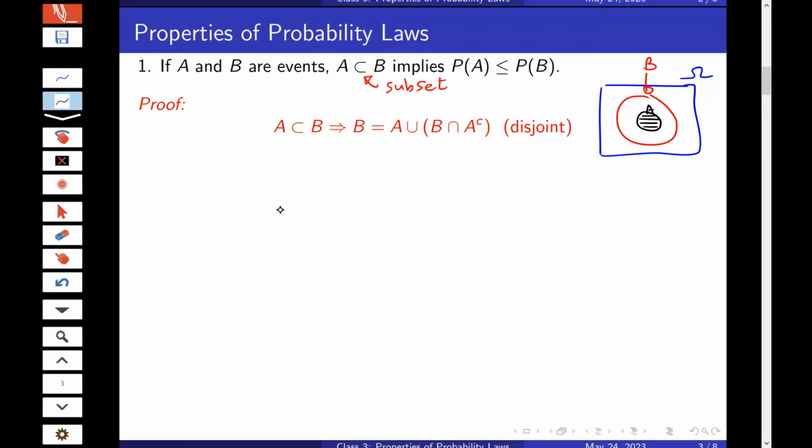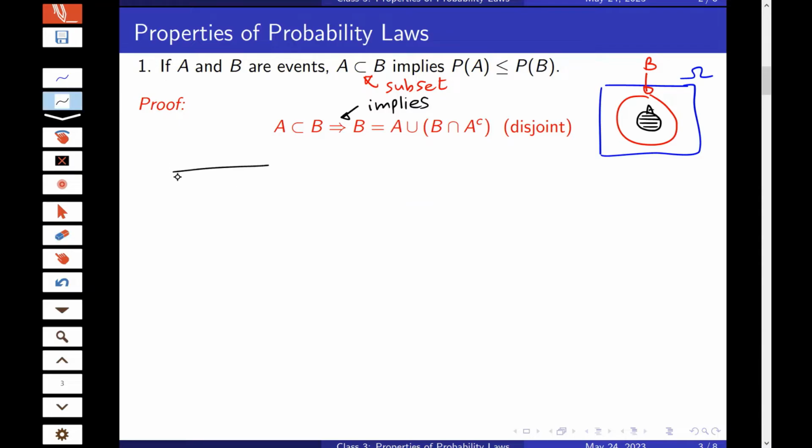Now if A is a subset of B, and this notation means implies, then B can be written in this form. Let's see whether this is true or not.